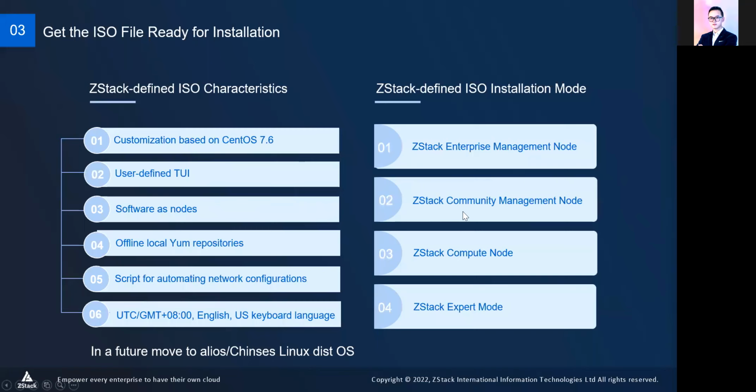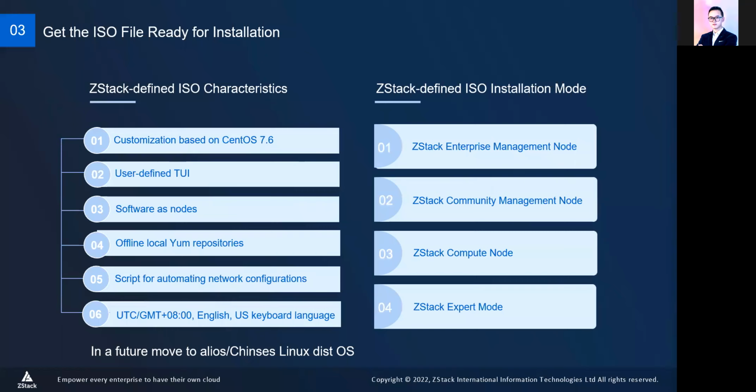If you choose the community management node, it will install the management services with the community version. Third is the ZStack compute node. If you choose this mode, it will not install the ZStack management services, but it will install other compute packages like KVM and the network modules.